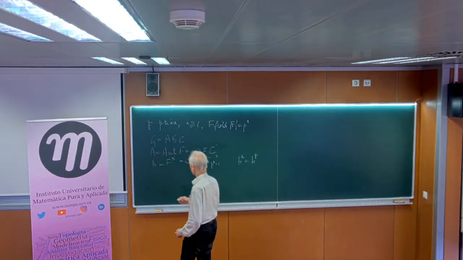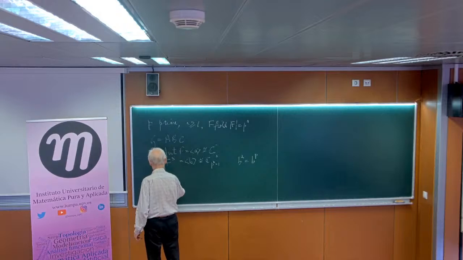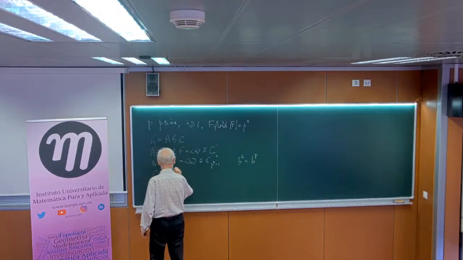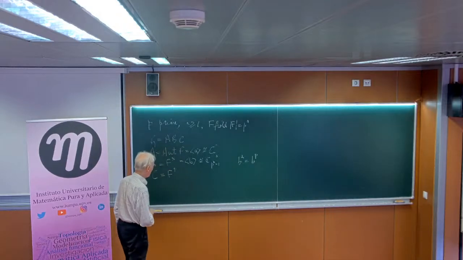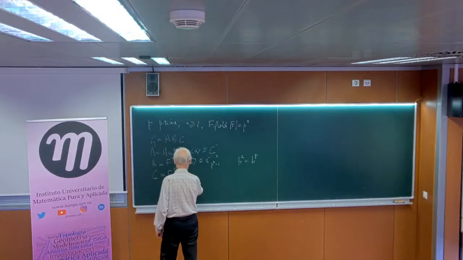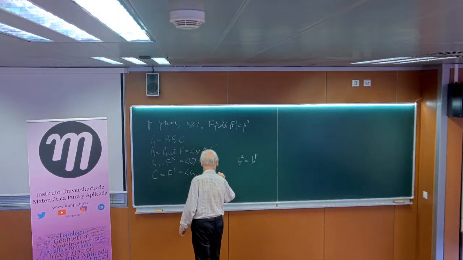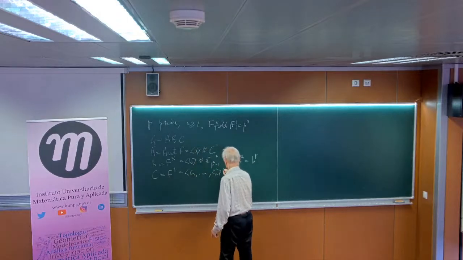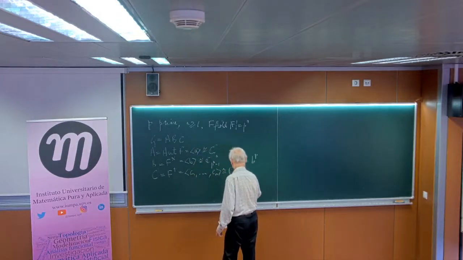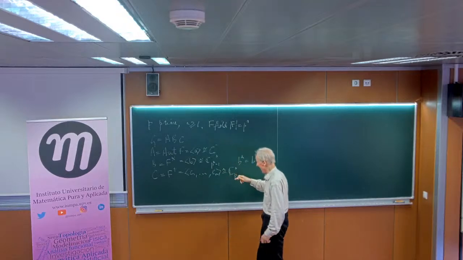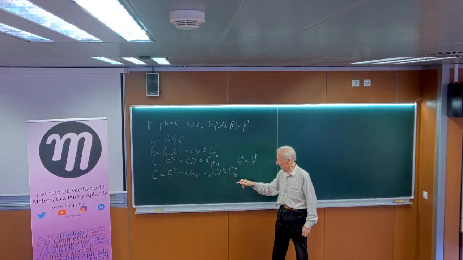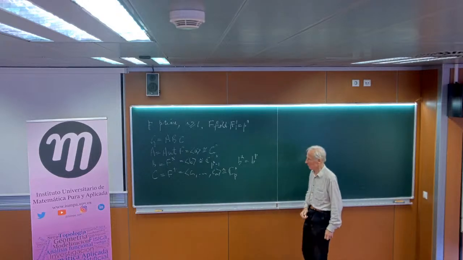And then you can put a C at the bottom, which is the additive group of the field. So that is an elementary abelian group of order p to the n. So it has n generators, each of order p.